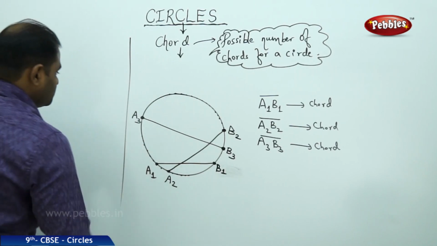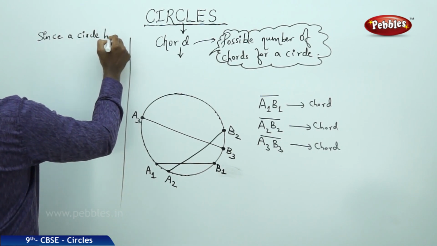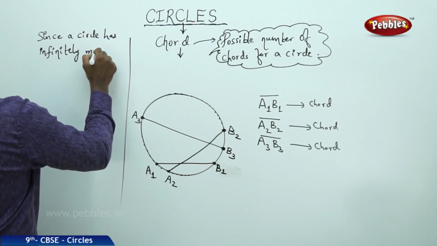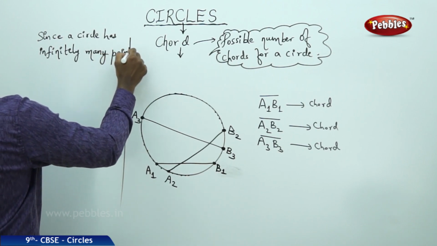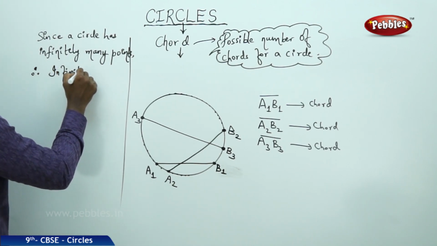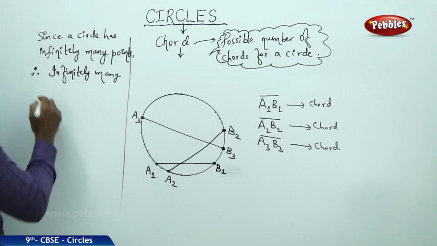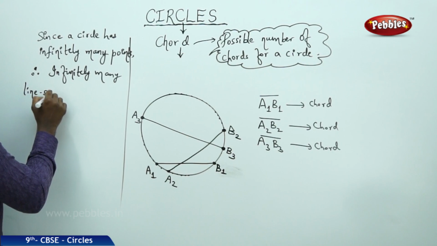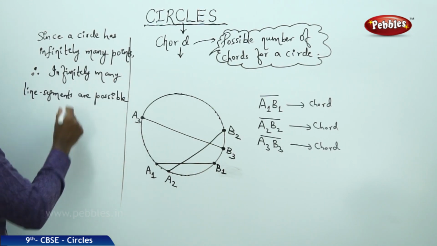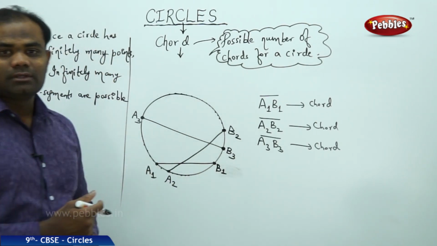So we have here, since a circle has infinitely many points, therefore infinitely many line segments are possible, joining the pairs of points, each pair joined with each other.